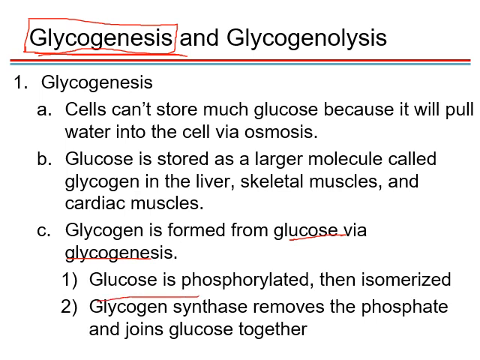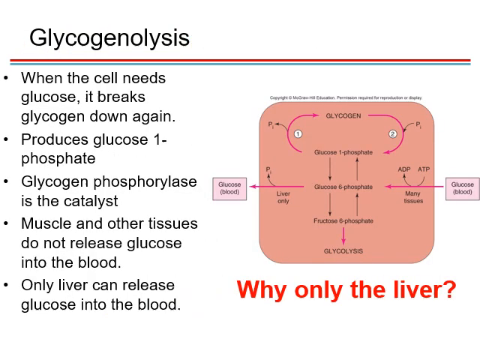Glucose is phosphorylated, and then an enzyme called glycogen synthase starts joining the glucoses together. When glucose is needed, we can do glycogenolysis, the breaking down of glycogen.